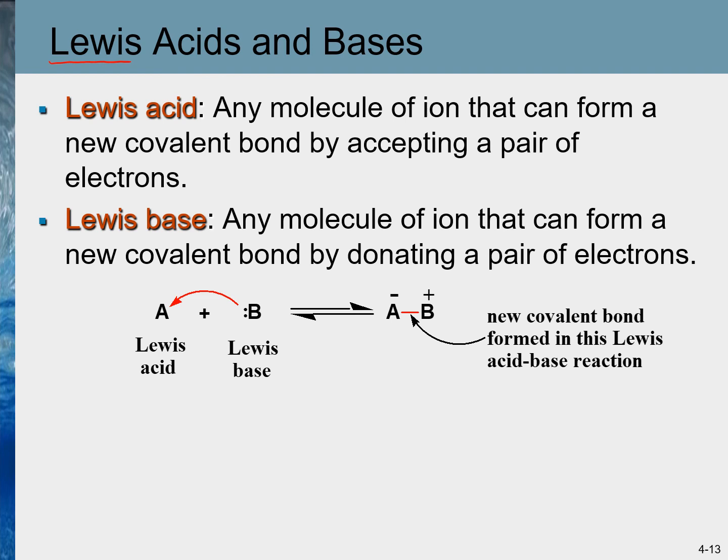According to Lewis' definition, acidity and basicity are described in terms of electrons rather than protons. A Lewis acid is any molecule or ion that can form a new covalent bond by accepting a pair of electrons.